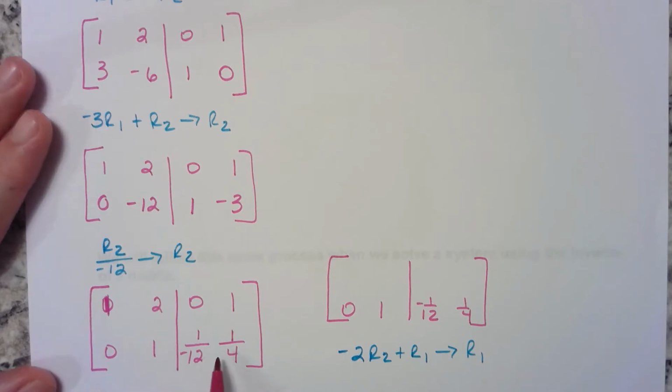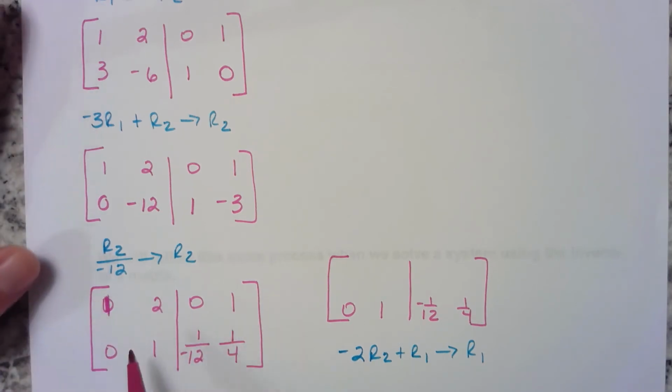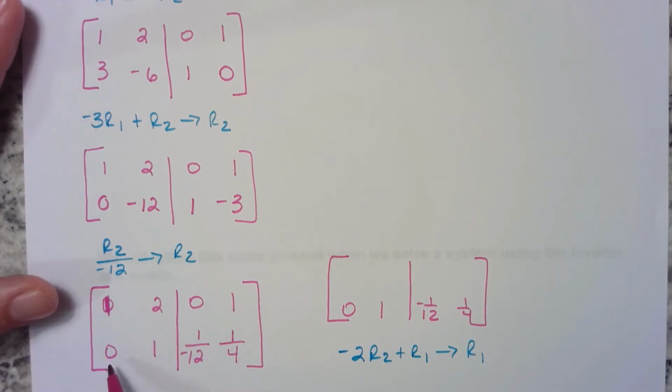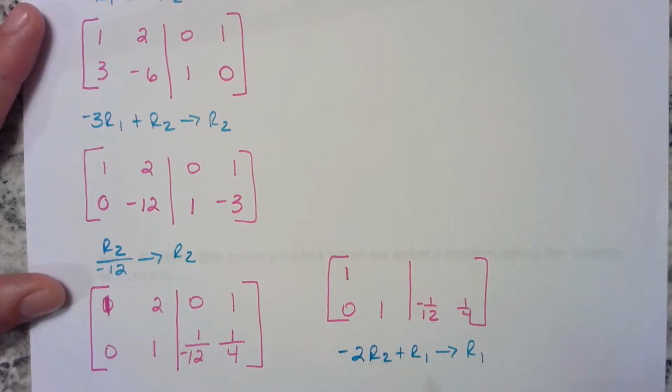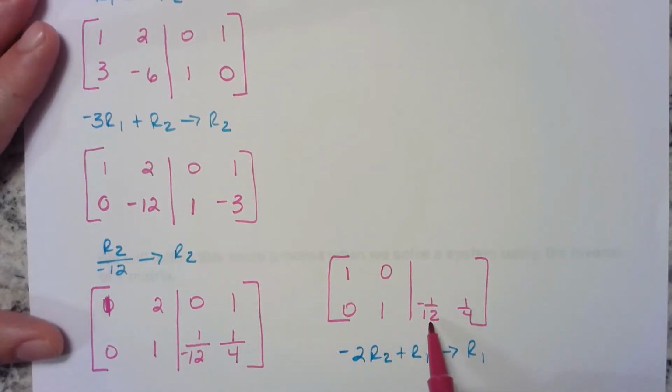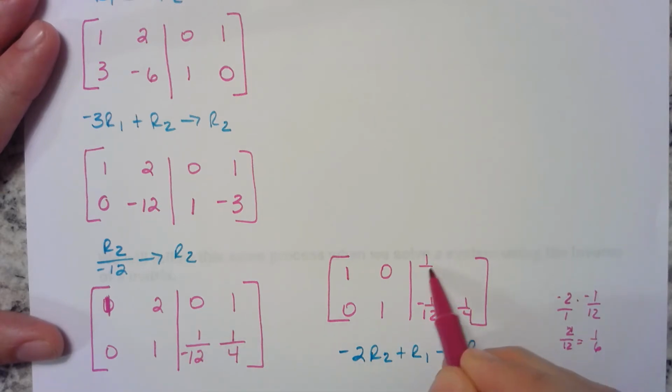-2 times row 2 plus row 1. So -2 times 0 is 0, plus 1 is 1. -2 times 1 is -2, plus 2 is 0. We have negative 2 times negative 1/12, which is a positive 2/12 or 1/6, right? 1/6 plus 0 is 1/6.